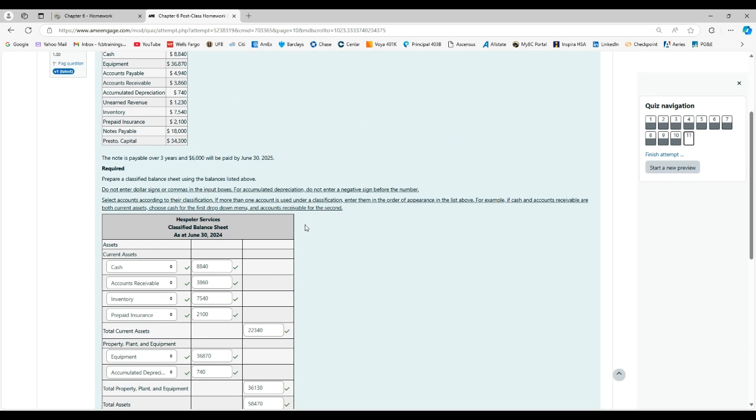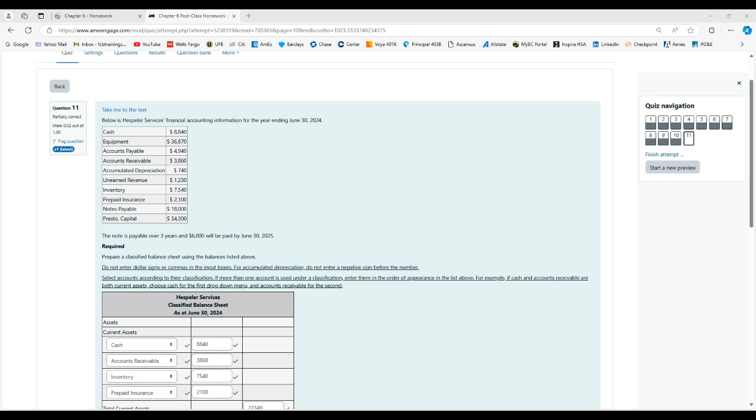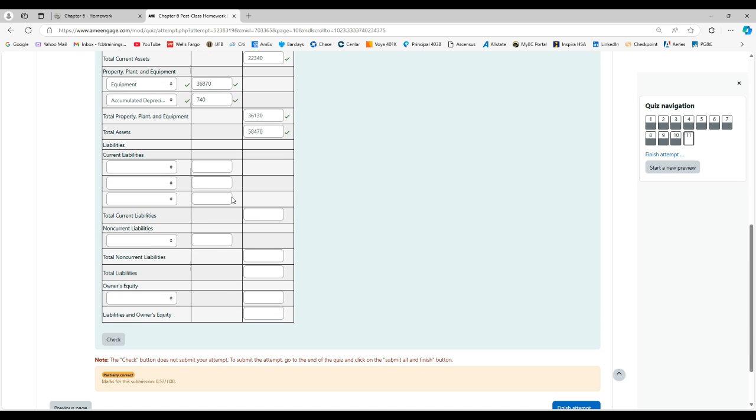Okay, current liabilities now. Sorry, bear with me. Yeah, there we go. I've got my snip to look at as I scroll down. So current liabilities, we have accounts payable, we have unearned revenue, and then we have the current portion of note payable and the non-current portion.